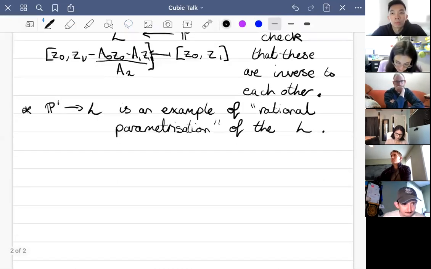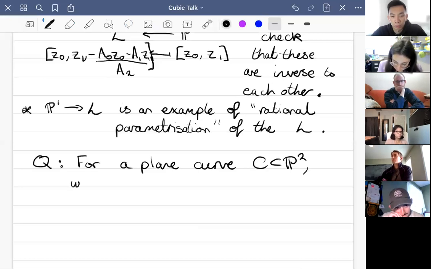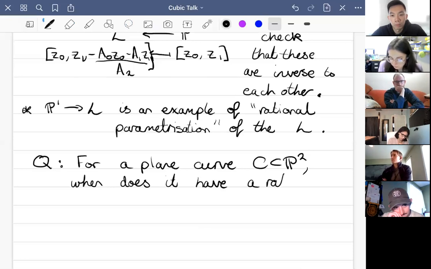So we can ask the question, for a general plane curve inside P2, when does it have a rational parameterization?